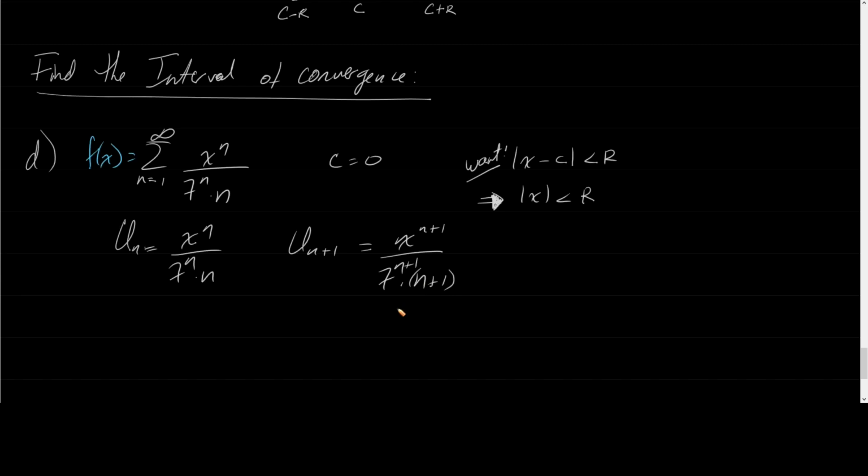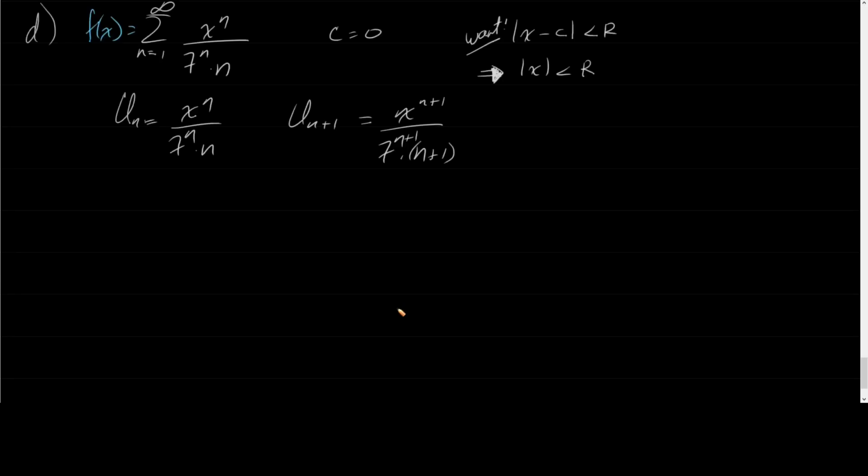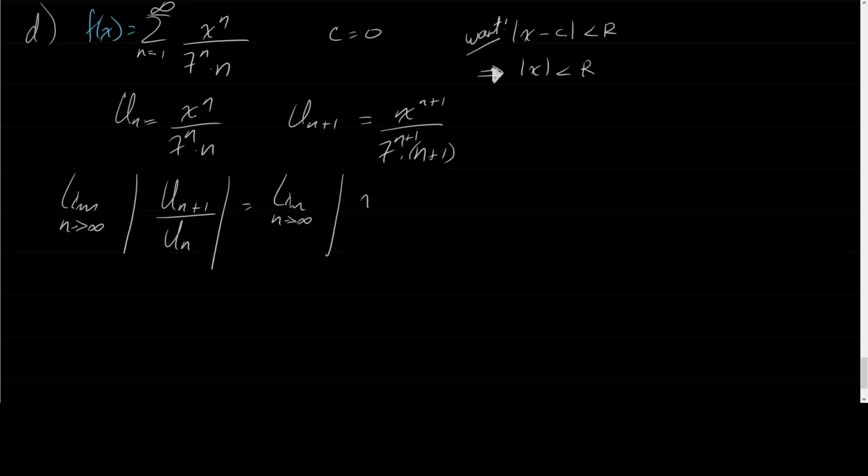Cool. Now, let's actually apply the ratio test. The ratio test says we take the limit as n goes to infinity of the absolute value of u sub n plus 1 over u sub n. In this case, u sub n plus 1 is x to the n plus 1 over 7 to the n plus 1 times n plus 1, divided by u sub n.